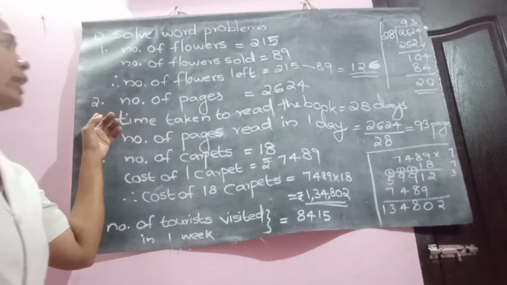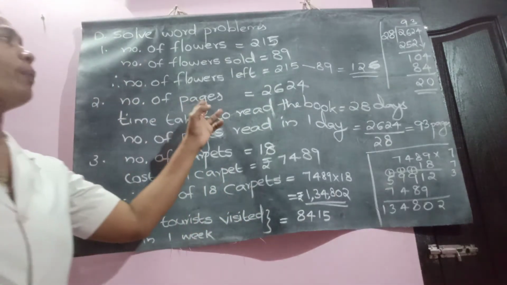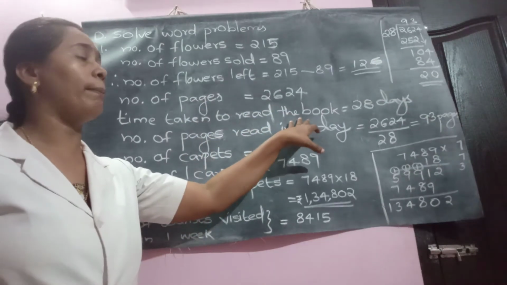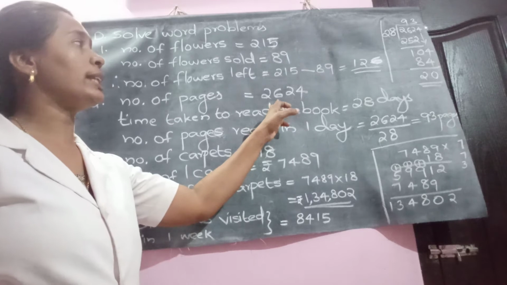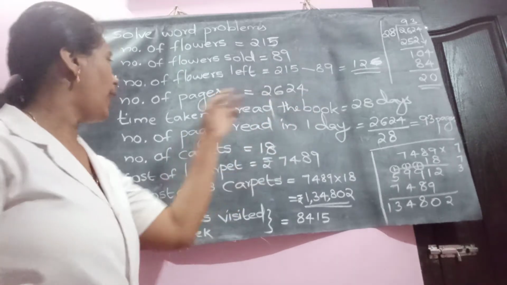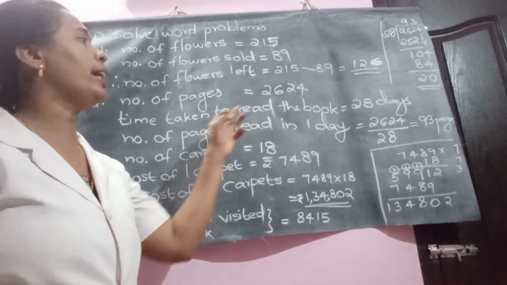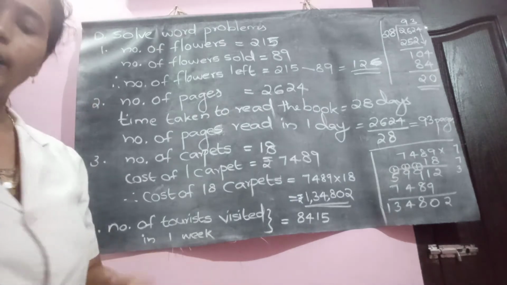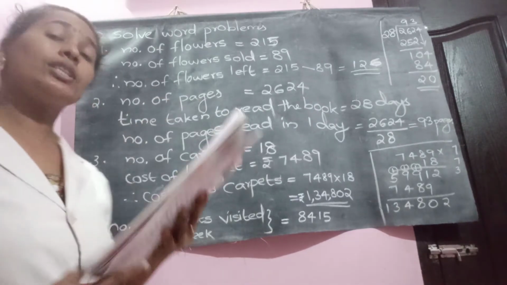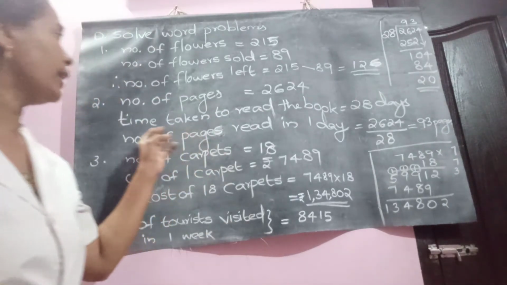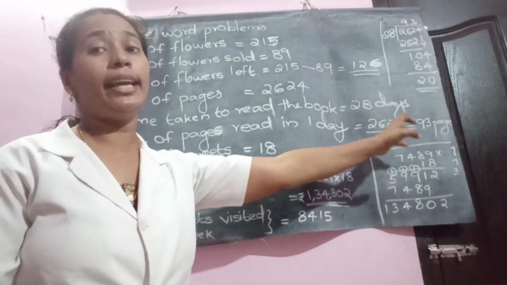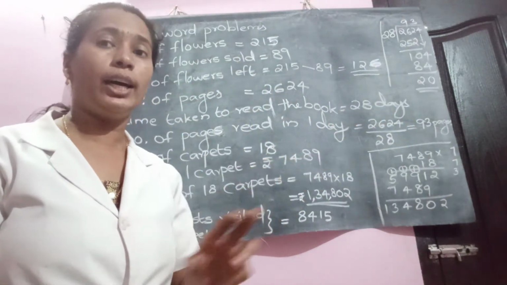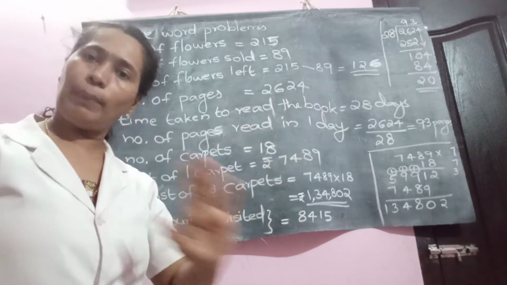Question number 2 says that the number of pages in a book is 2624. What is the time taken to read the book? Shazia takes 28 days to read the book completely.